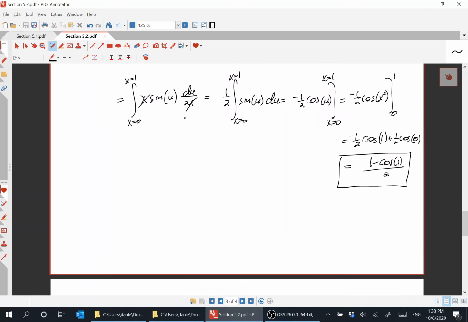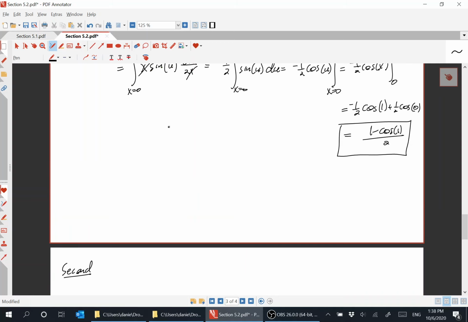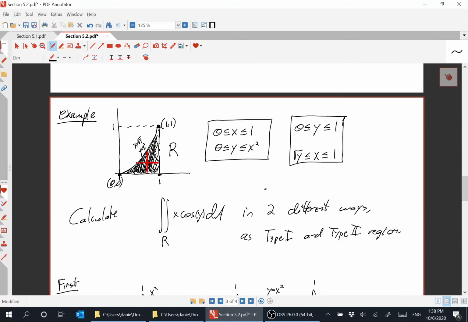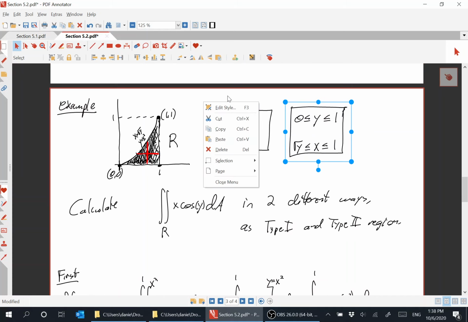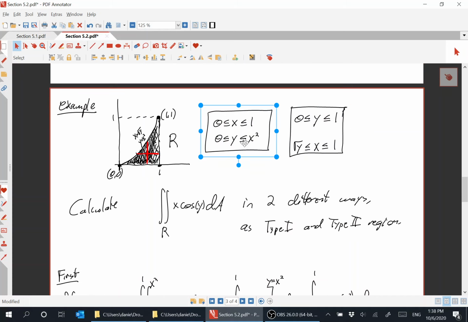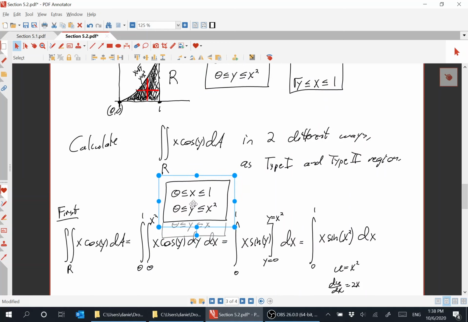Now, let's calculate the second way. Okay, so here the region is described in this way. Right? First we described it this way, right? So actually let me put that there.